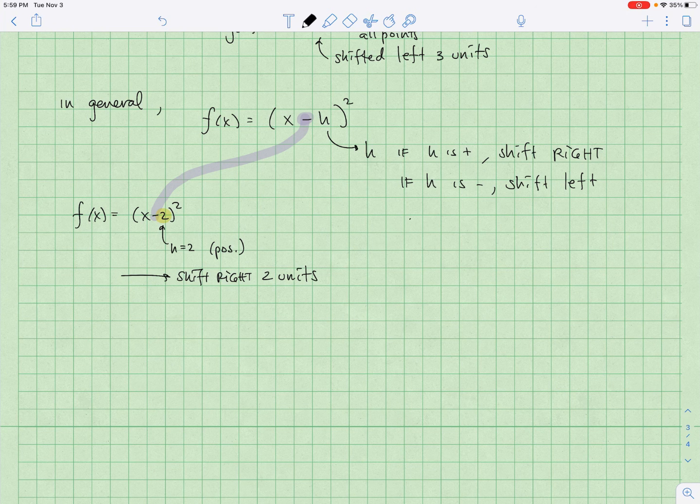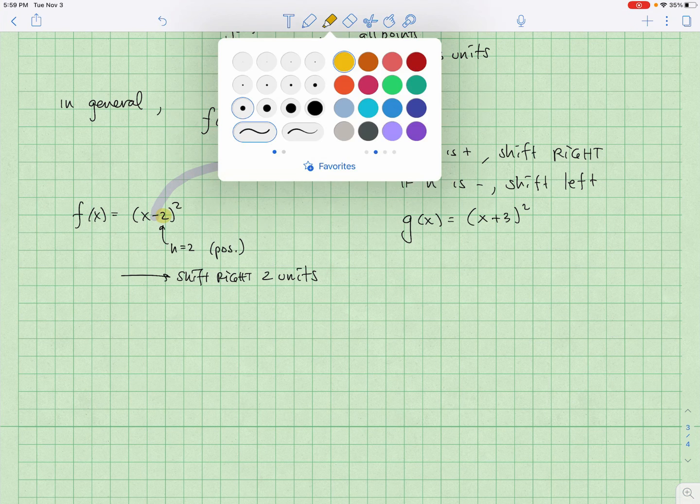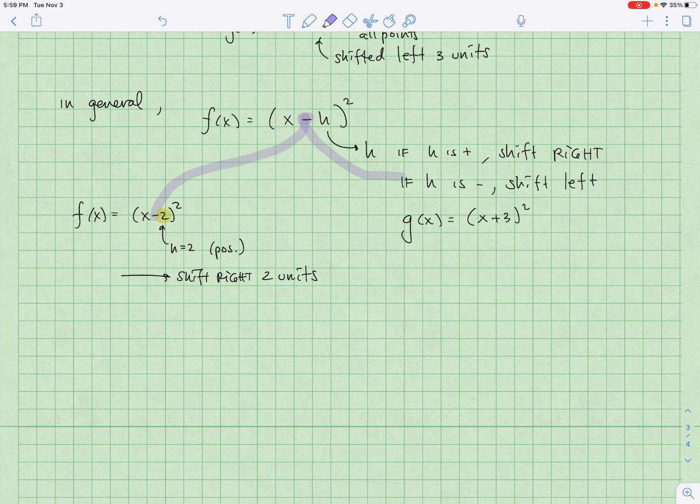Whereas in my second example, which I didn't actually graph, g of x is equal to x plus 3 squared. And in order for me to rewrite this as a minus sign, I have to be a little bit clever with my algebra. I have to rewrite this as x minus negative 3 squared.